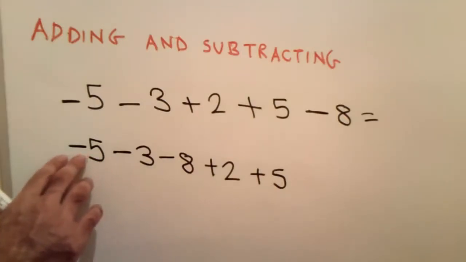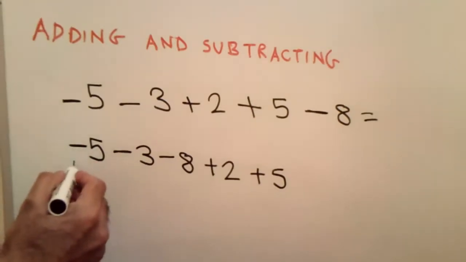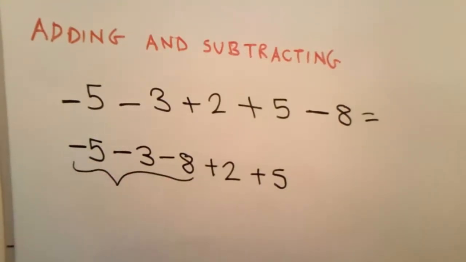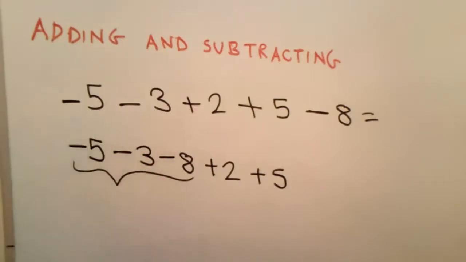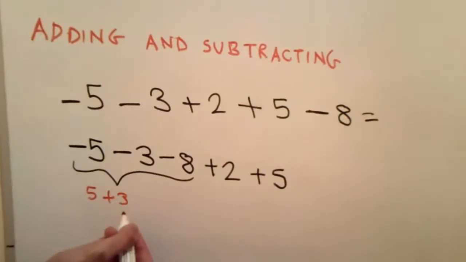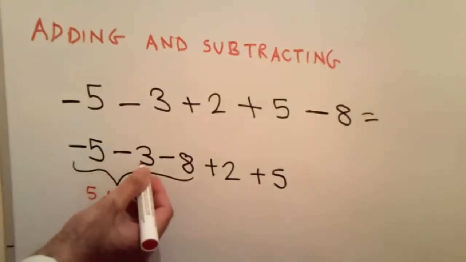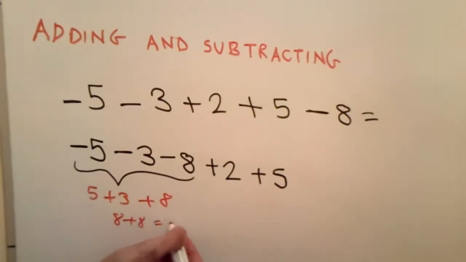So remember how to take away this lot. Here we can see that the signs are all the same for 5, 3 and 8. When the signs are all the same, we just add them up. So 5 plus 3 is 8, so it's basically 8 plus 8, which is equal to 16.